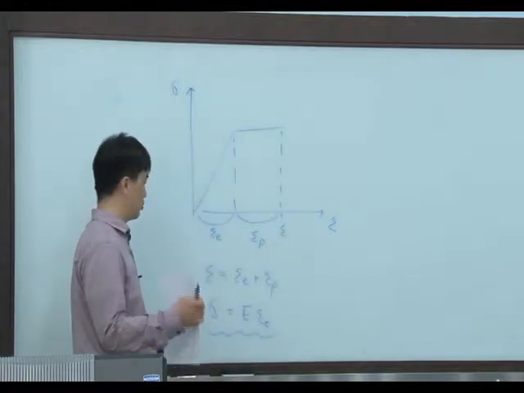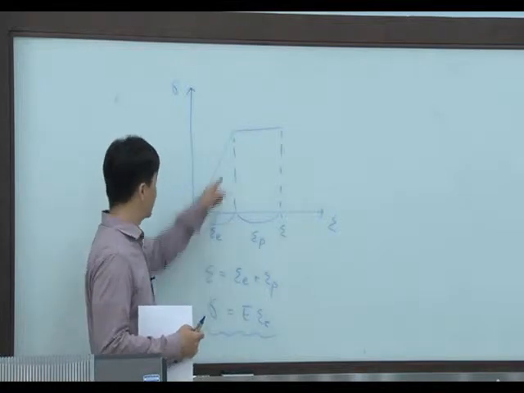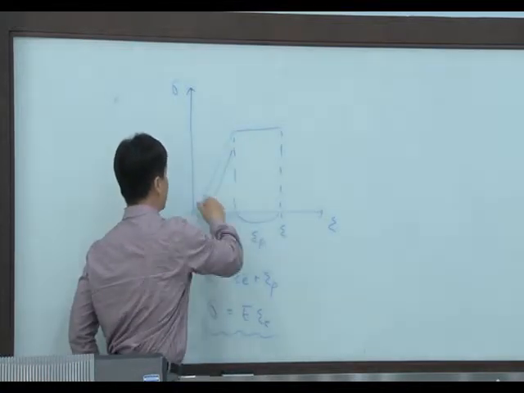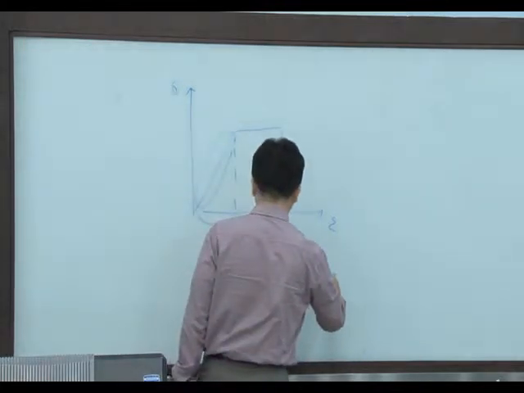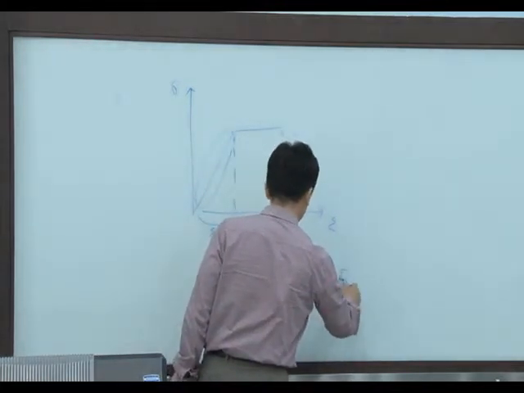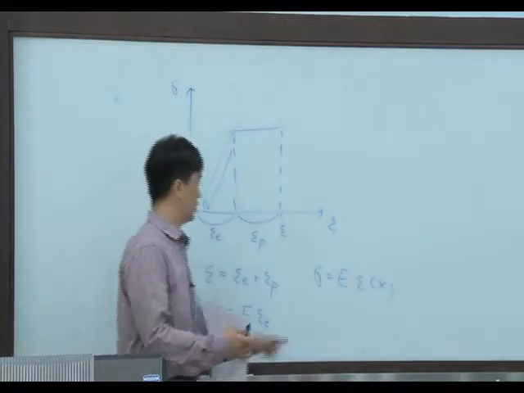So when we use this relation at this stage, you cannot use sigma equals E times E. This is wrong, because this is the total strain.